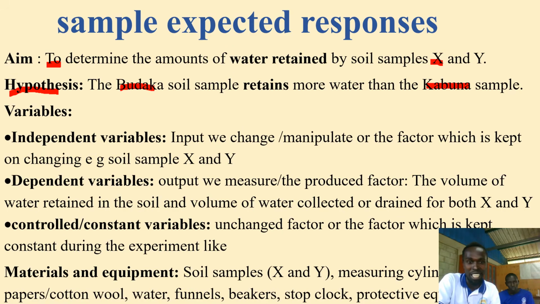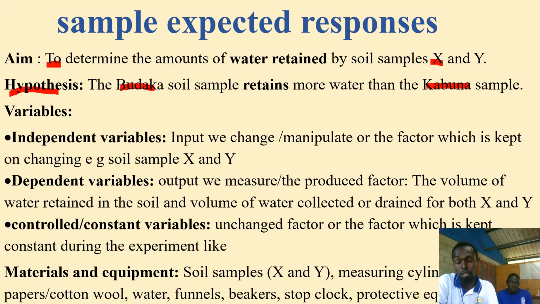For example: the Budaka soil sample retains more water than the Kabuna sample. Depending on the scenario, they may say that when he planted the pineapples in Budaka, they became yellowish, they were stunted, and they could not grow to expected levels. Their roots were rotting easily. With that statement, you can easily tell that indeed Budaka soil samples retain more water.